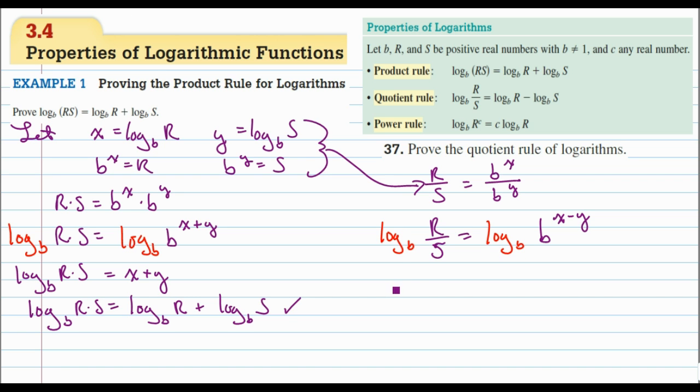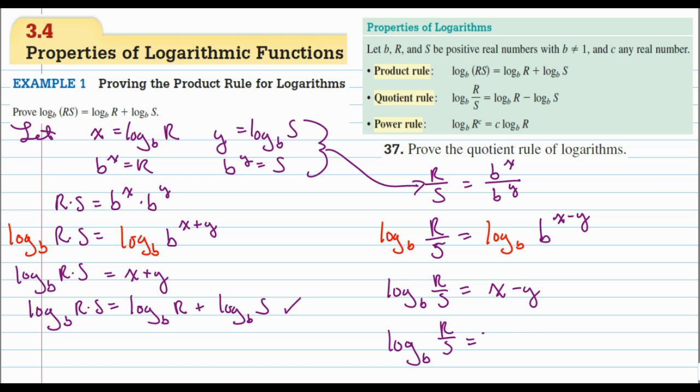So on the left, I get log base b of r over s, and on the right, the base of my log and the base of my exponent are the same, so x minus y is the result. Now I have defined x to be log base b of r and y to be log base b of s, so I can substitute those back in at the end.